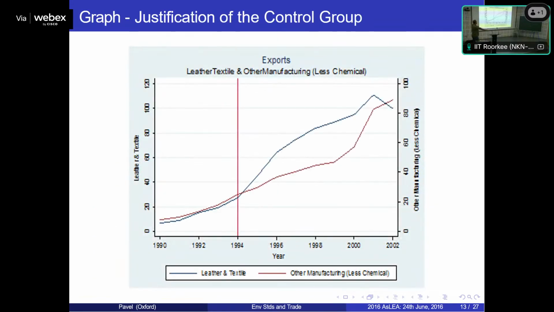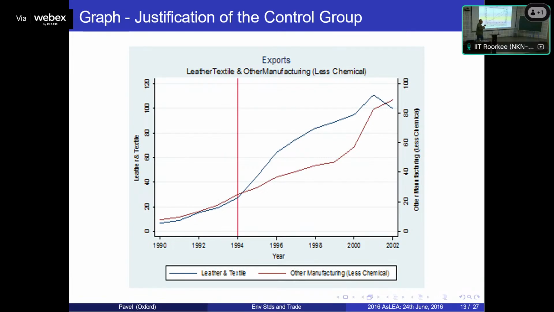This is basically normalized exports. When I normalize the exports, you can see they are pretty much on the same trend. Once 94 hits, the gap widens. Actually, the leather and textile sector went up relative to the other sectors.